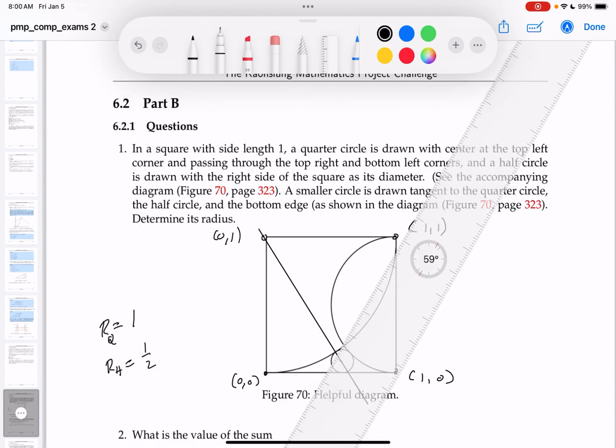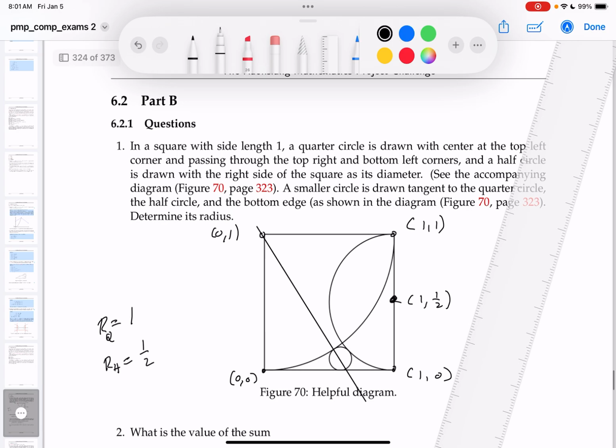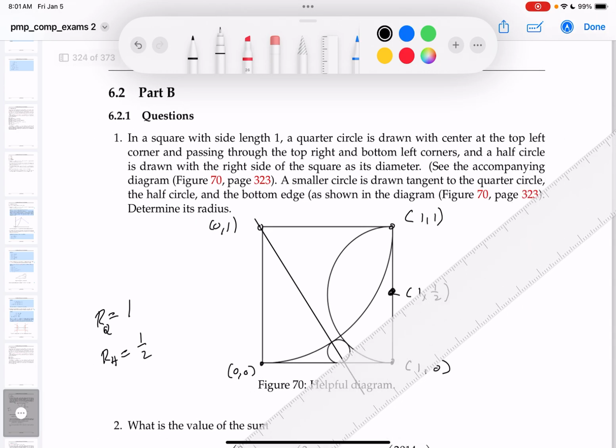There's some trouble with this. You know what? I have to put the center down first, don't I? And the center's going to be over here somewhere. Again, I have to ballpark it. So I'm going to say this is going to be 1, 1/2. And I'm just ballparking, by the way. Let's go back over here. I'm going to try to draw that in now.